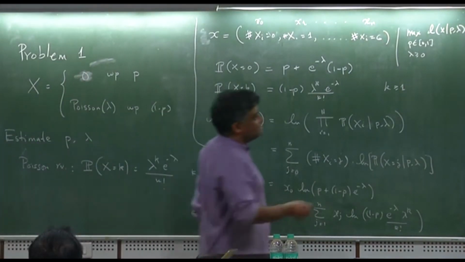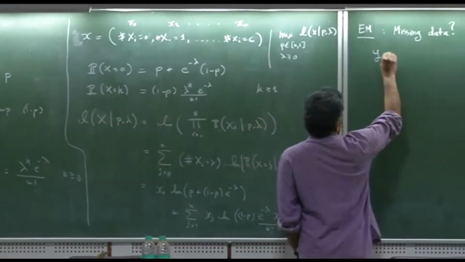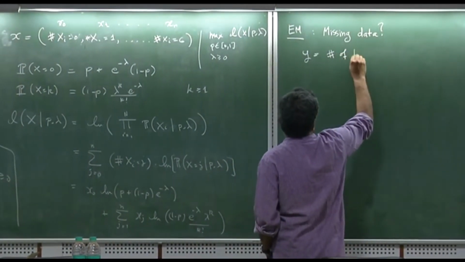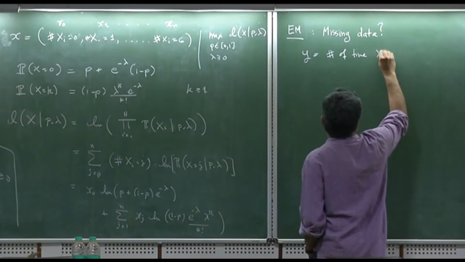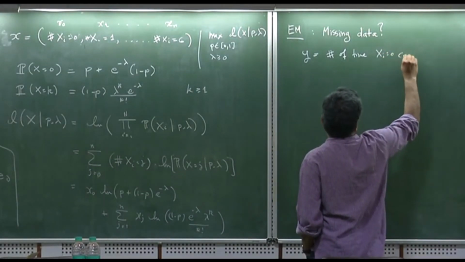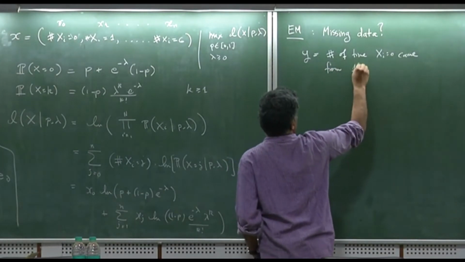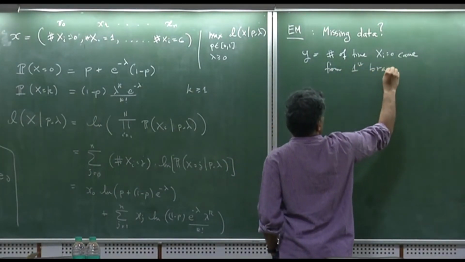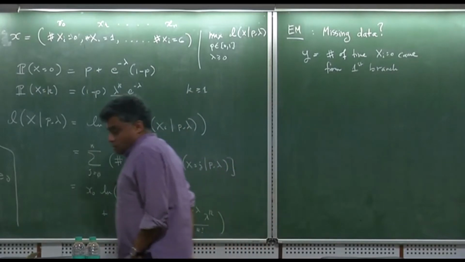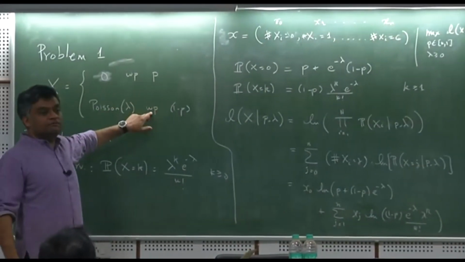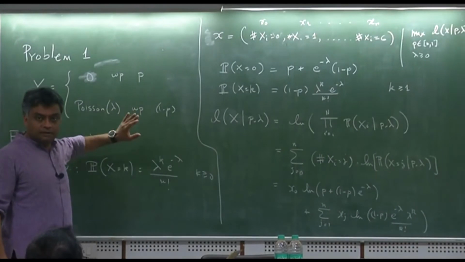So let's define the missing data y to be equal to the number of times xi equals 0 came from the first branch. I am not being very correct here, but you know what I mean. What I meant is that out of this x0, some portion came from the first piece, some other portion came from the second piece. All right?